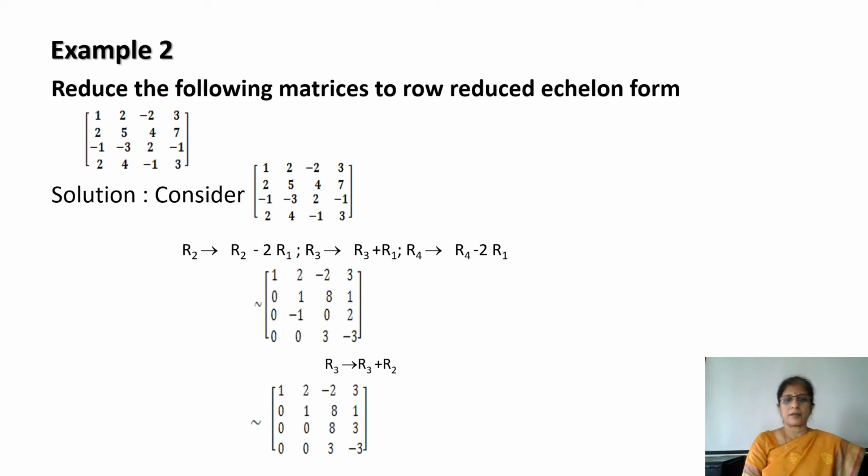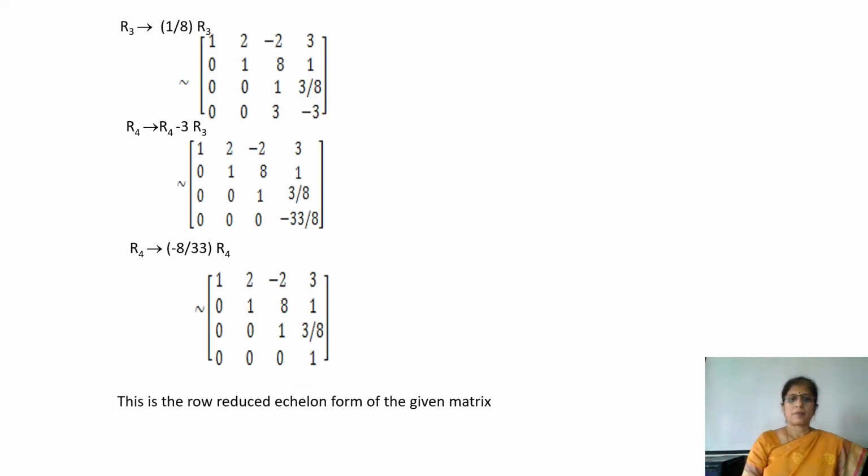That is, in the third row let us make minus 1 as 0 by applying the transformation R3 changes to R3 plus R2. This gives us the matrix equivalent to 1, 2, minus 2, 3, 0, 1, 8, 1, 0, 0, 8, 3. Then the fourth row remains as it is, 0, 0, 3, minus 3.